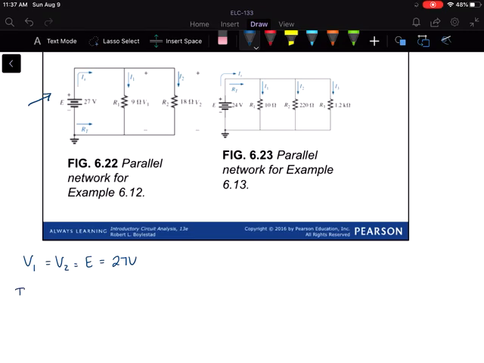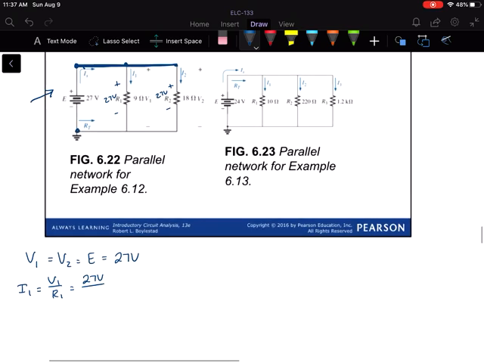So if we're looking for the current through R1, that's going to be V1 over R1. And we know that there are 27 volts drop across here and across here, because this point up here is at the same voltage level as here. There's nothing to change that voltage level from there to there.